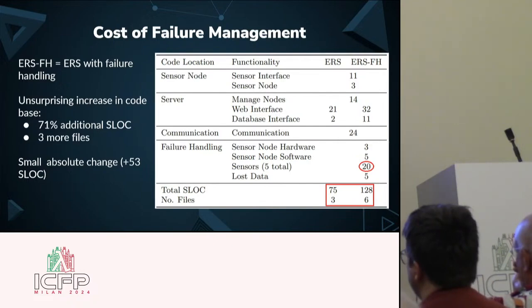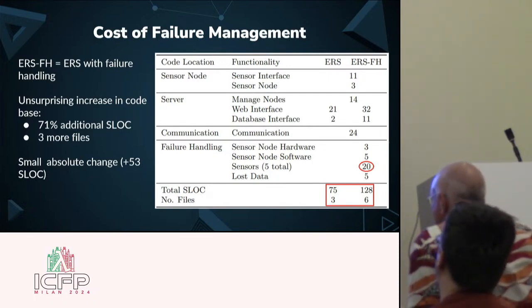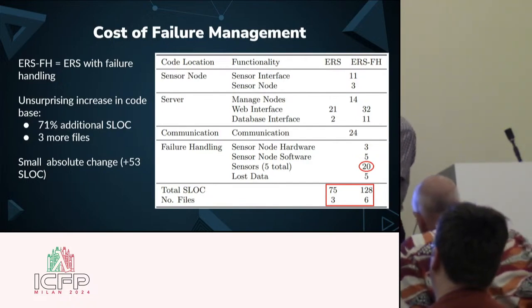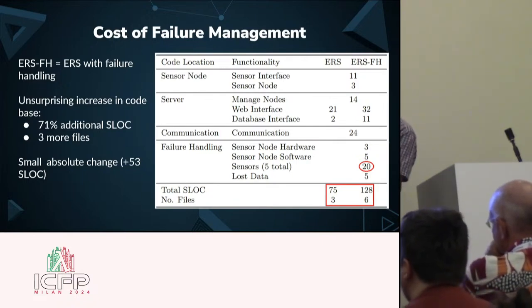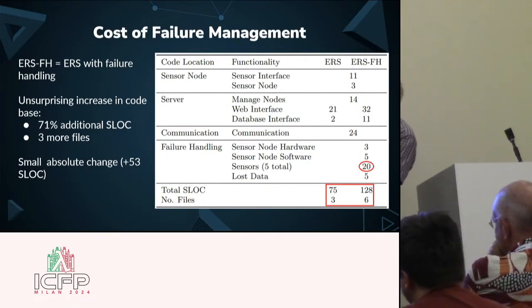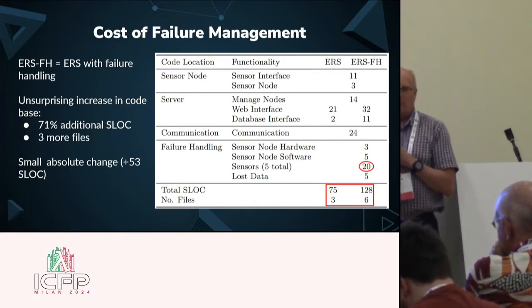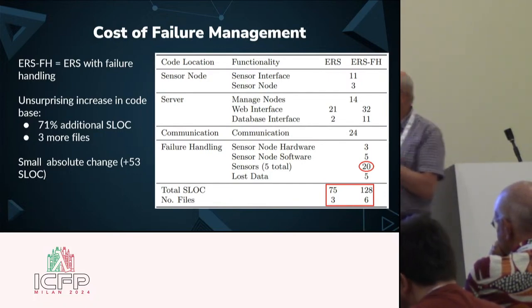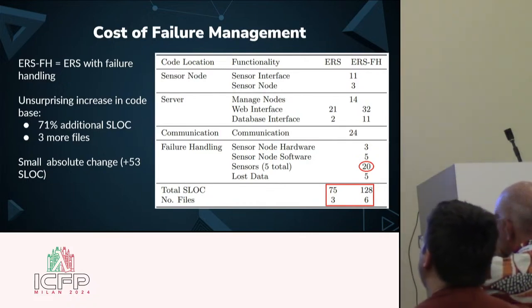So then we have 2 different code bases, the original ERS and then ERS with failure handling. Now we have some extra code doing the failure handling, and there's also additional code for talking to the database, because we've now got an additional table that records the status of the components in the system. The code goes up by about 71%.